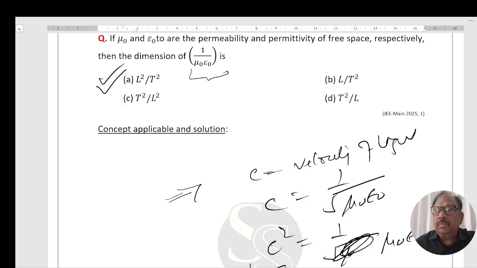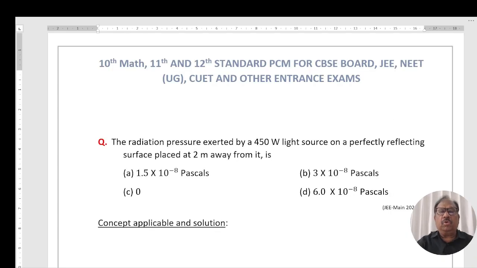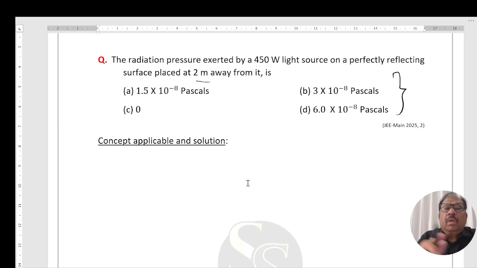Next question. The radiation pressure exerted by a 450 watt light source on a perfectly reflecting surface placed at 2 meter away from it is, 4 options are given, one of the options is correct. Now we have to find the radiation pressure.